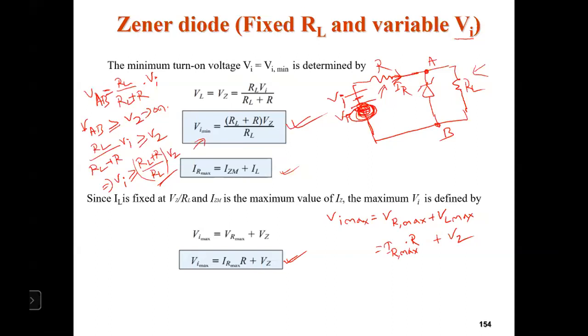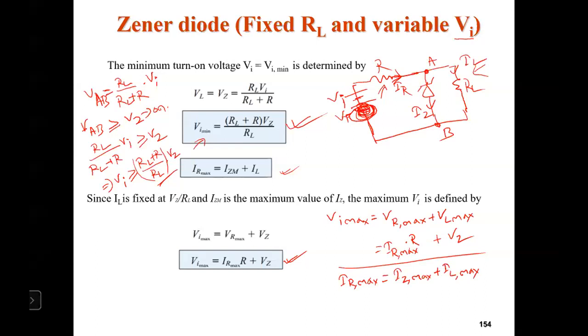Next, I can calculate IR max. If this is the IZ and this is the IL, then obviously IR equals IZ plus IL. That means IR max will be equal to IZ max plus IL max.